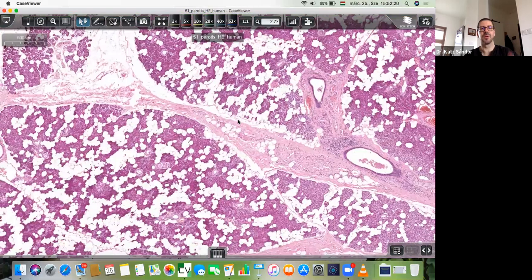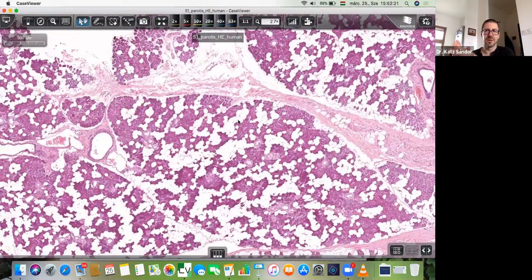Okay, so looking at the parotid, we should mention first that it's a completely serous gland having serous acini only, a large amount of adipocytes, and related to the duct system, we can mention the intercalated, striated, and interlobular ducts.